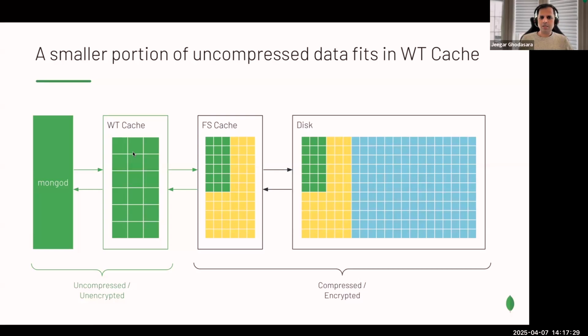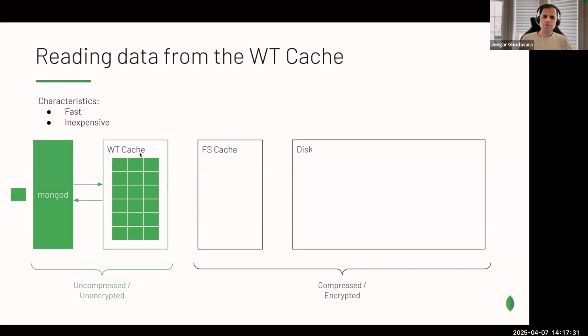Now, from the caching perspective, when you think about performance, if you have WiredTiger cache big enough to host your entire data set, that means every time you query something, it will find it in the WiredTiger cache and return it back to the application. This will be the most performant workload, meaning the fastest response time. Typically on the database side, this will be a sub-millisecond response time.